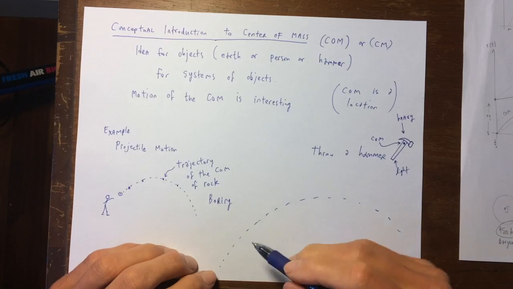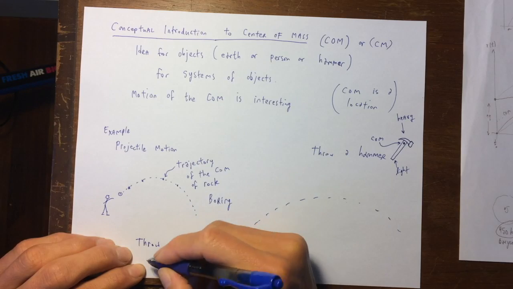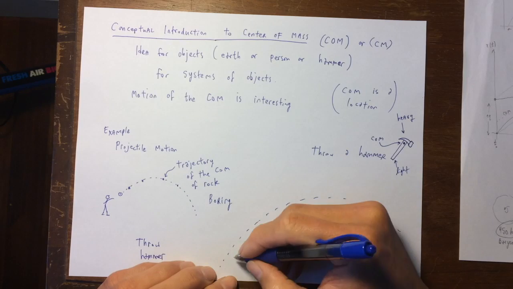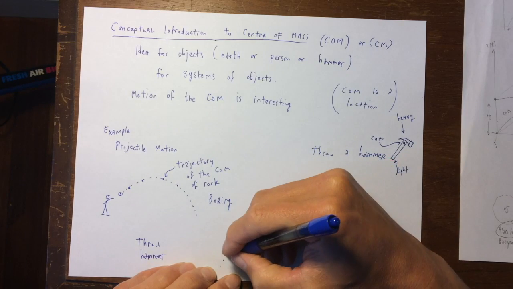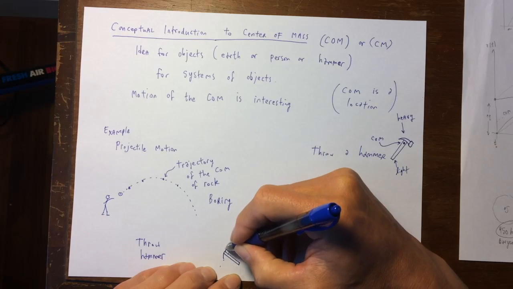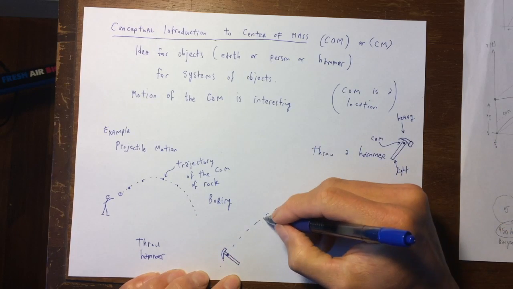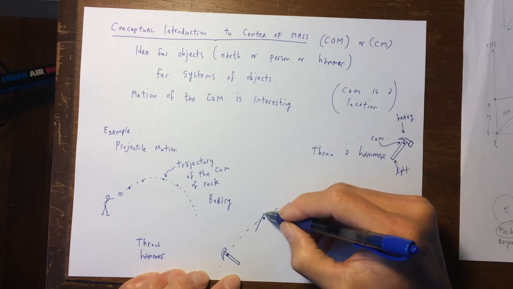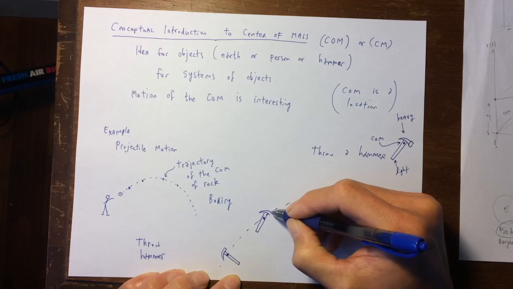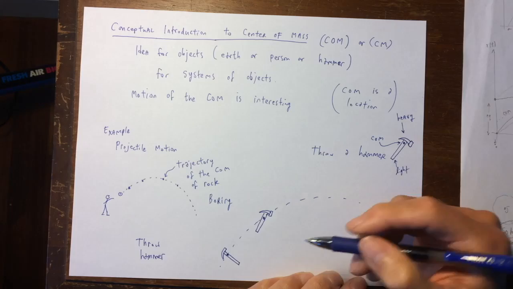What you'll notice when you throw a hammer is that the hammer will do something like this. If it's got some rotation, maybe early in its motion, the center of mass is here. A little bit later in time, the center of mass is advanced along the trajectory, and the hammer is rotated about the center of mass.